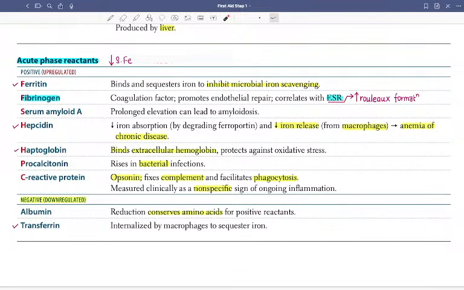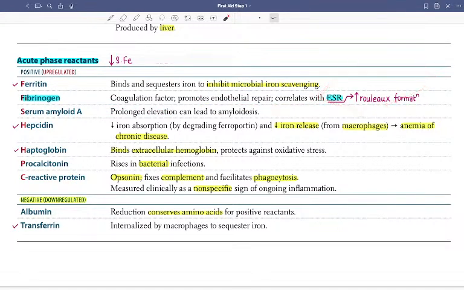These are the ones that are upregulated. The ones downregulated are albumin and transferrin. Albumin reduction conserves amino acids for positive reactants, and transferrin is internalized by macrophages to sequester iron. Next, fibrinogen: coagulation factor, endothelial repair, correlates with ESR.